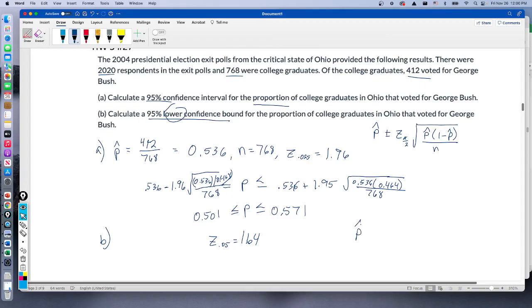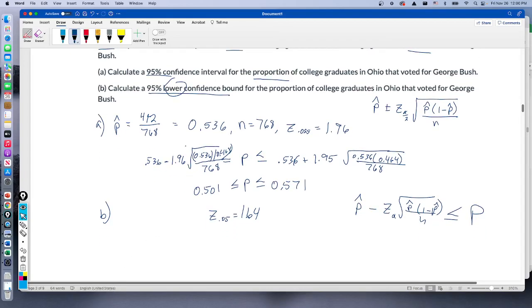Then our estimator is going to be p hat minus z of alpha times the square root of p hat times 1 minus p hat all over n. Okay, so that's going to be the lower bound for p. And again, we've done most of the calculations. If you did this part here as a separate calculation, all we have to do now is multiply by 1.64.